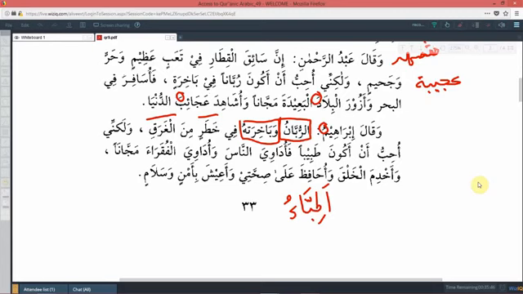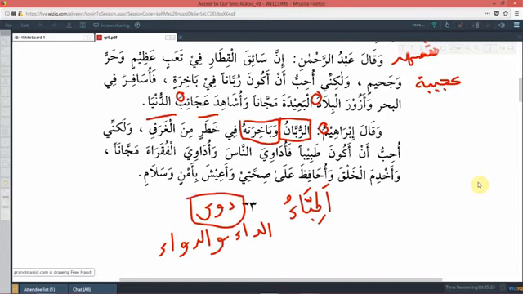Udawiya, from dal, waw, ya. We might be familiar with the book Ad-Daa' wad-Dawa' by Ibn Qayyim, meaning the sickness and its cure, or something like that they translate it. Fa'udawi, from dawa, which is medicine. Fa'udawiya, meaning I will treat, right? I will treat. الناس, the people.